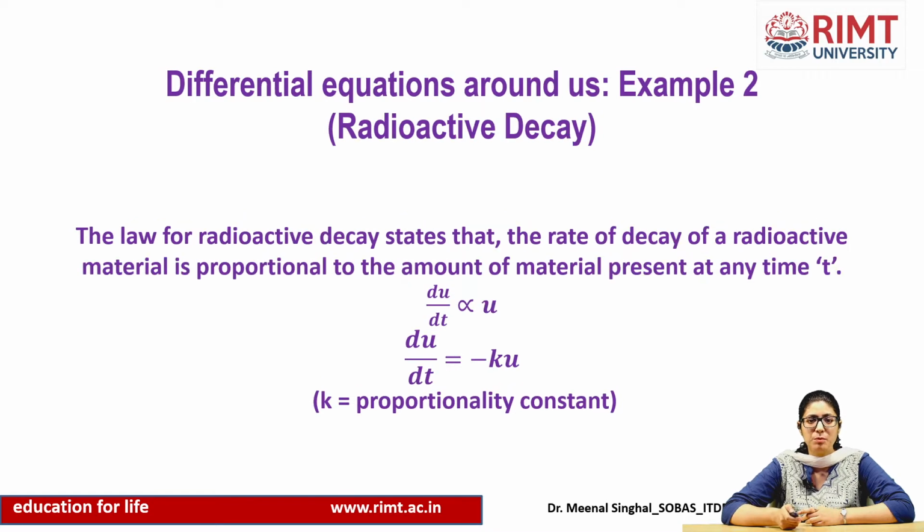The second example is radioactive decay. The law for radioactive decay states that the rate of decay of a radioactive material is proportional to the amount of material present at any particular time.